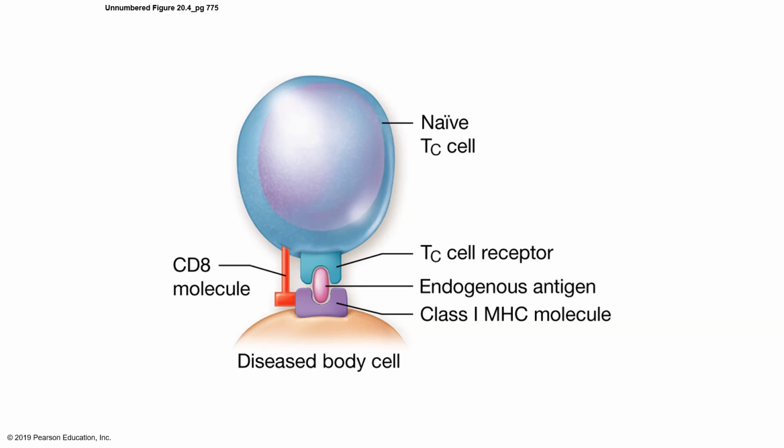These are called class 1 MHC molecules. These molecules are present on all nucleated human body cells, except, of course, red blood cells. So cytotoxic T cells involve class 1 MHC molecules from diseased body cells, recognizing this endogenous antigen on the diseased body cell.